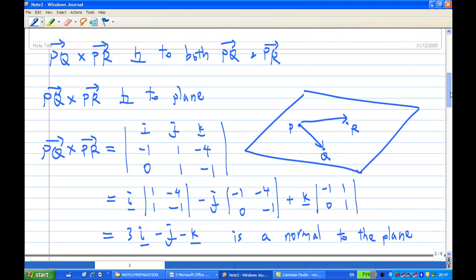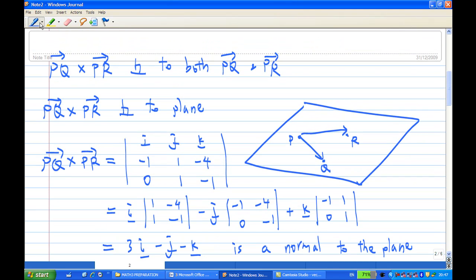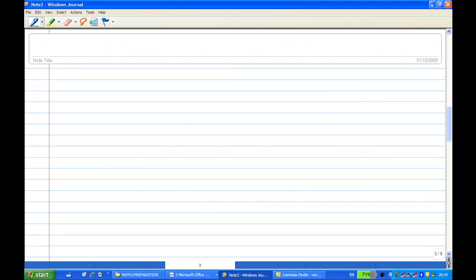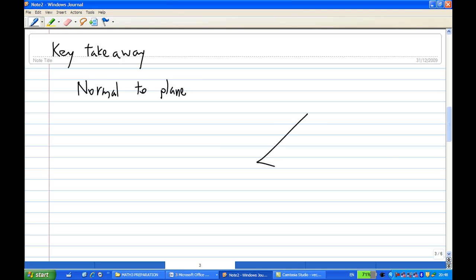Now what is the key takeaway? The key takeaway is: what is actually a normal vector to the plane? Given a plane, you always have a vector perpendicular to the plane.